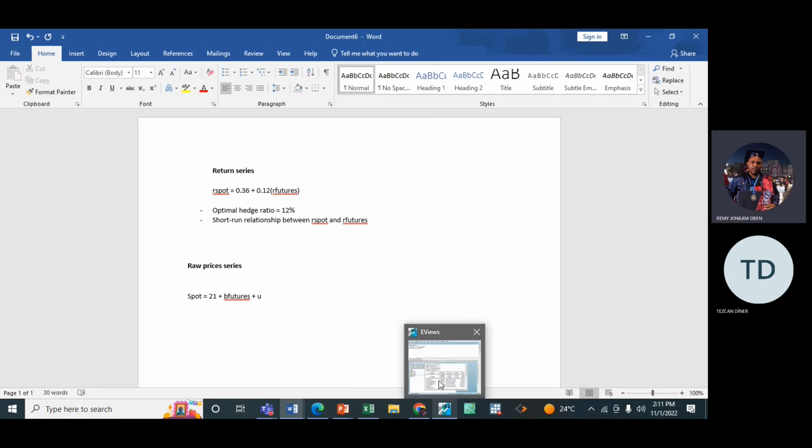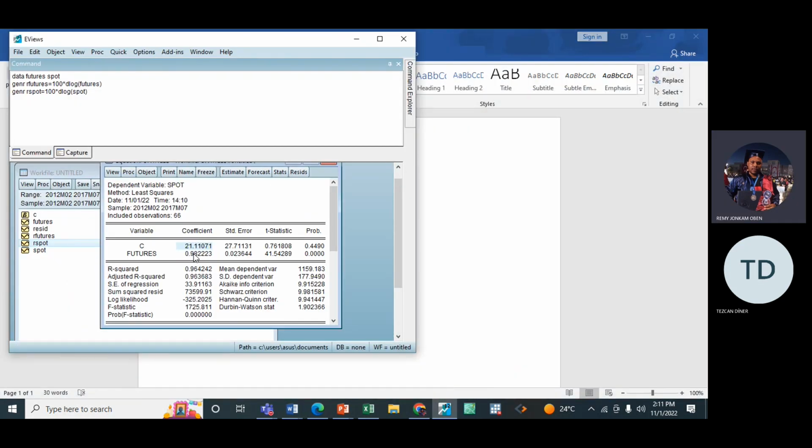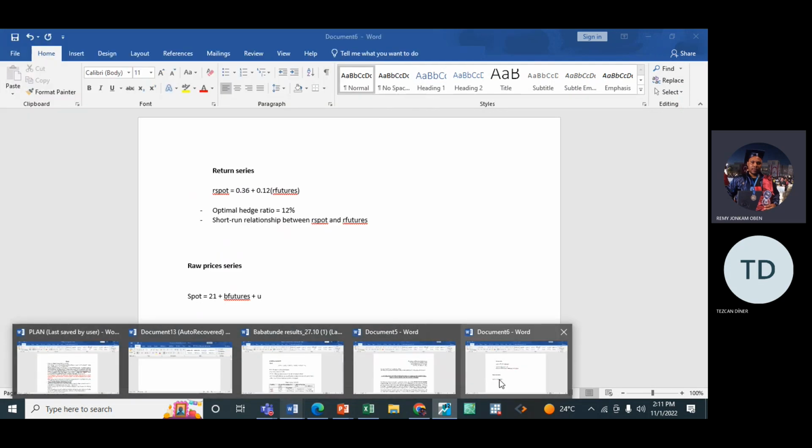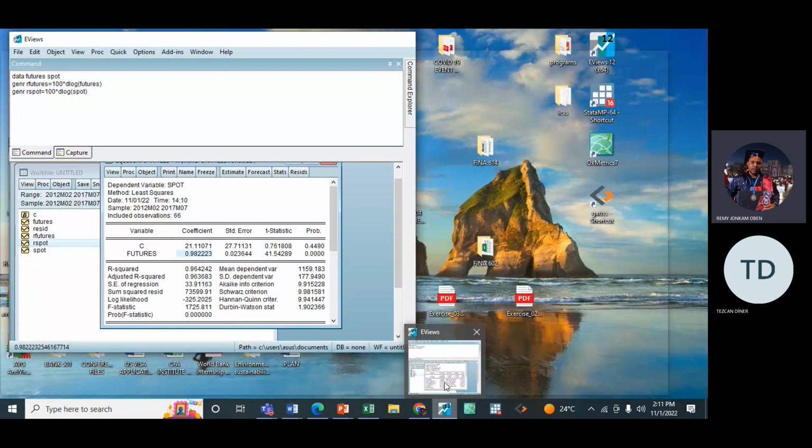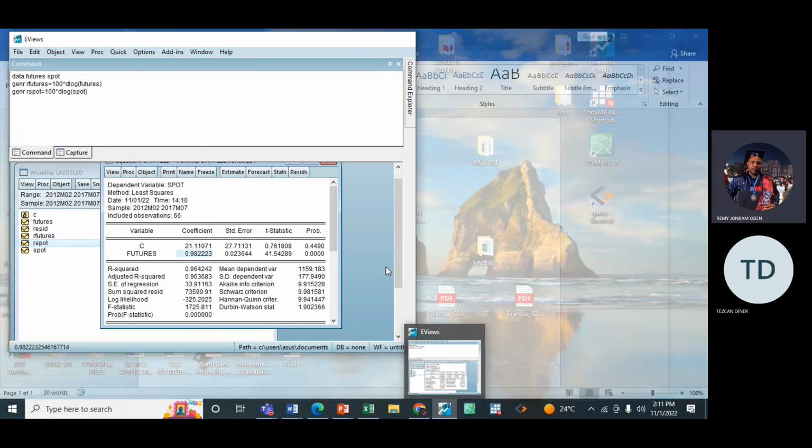And what's the coefficient? 0.98, right? After the 8, the next value is less than 5, so we cannot round up, we'll round down. 0.98.